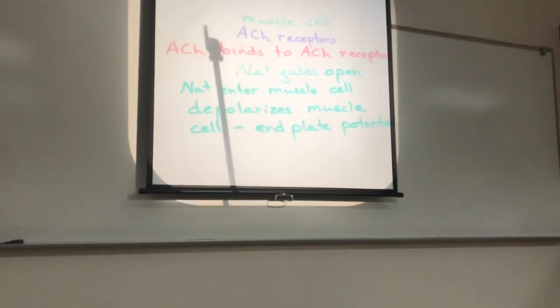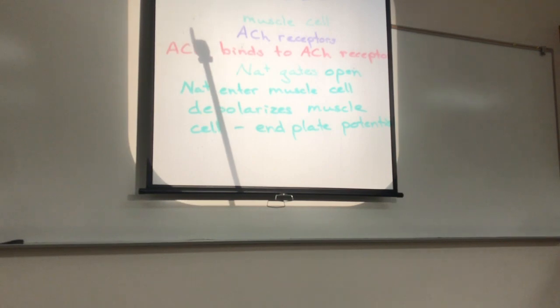Temporal summation, spatial summation, end plate potential, end plate potential, end plate potential. It builds up and it builds up until we get to threshold. Woohoo! And the muscle cell is going to have an action potential.